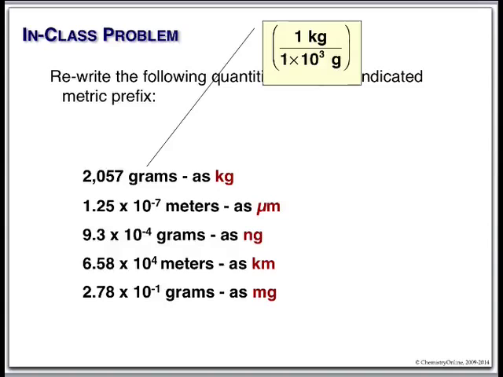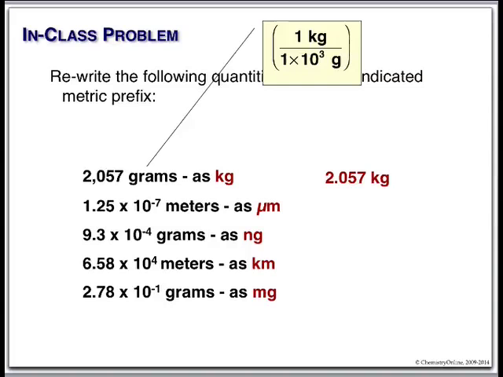So all you have to do here is simply multiply 2,000 grams by this ratio. So you're basically taking 2,000, dividing it by 1,000, and you wind up with 2.057 kilograms. The ratio must connect what you're given and what you're trying to find. Everyone happy with this one?